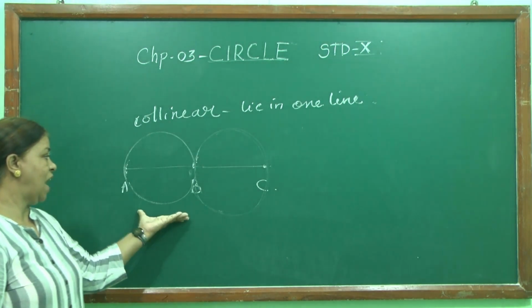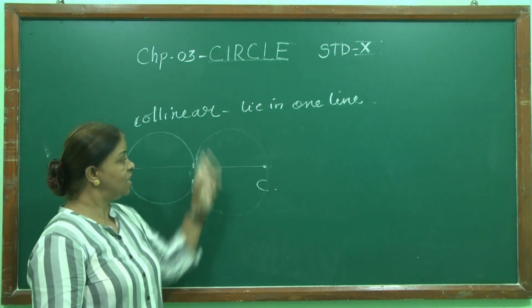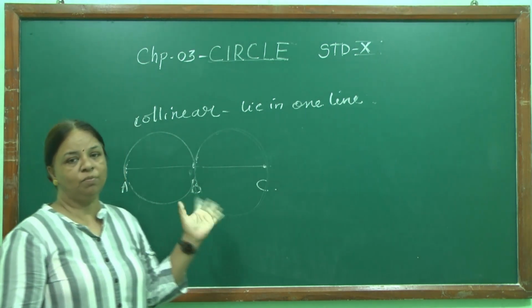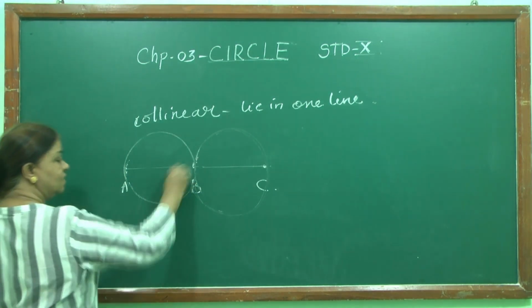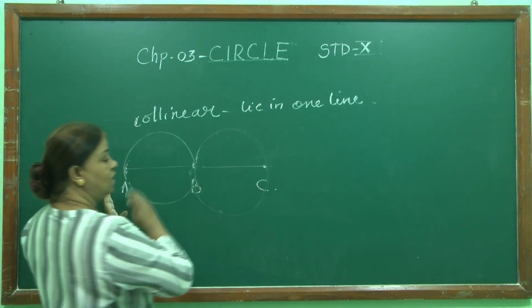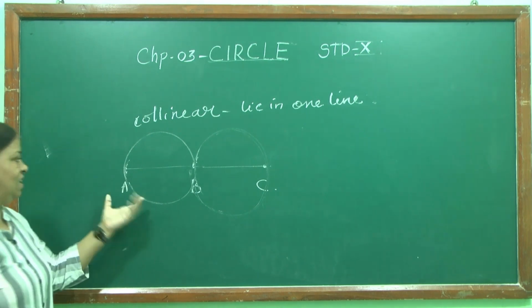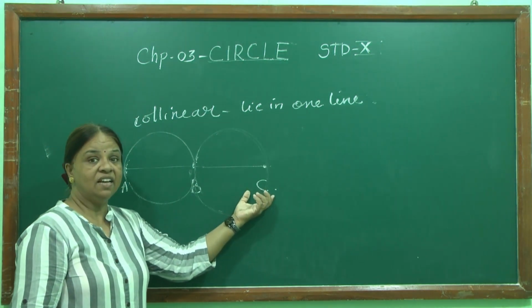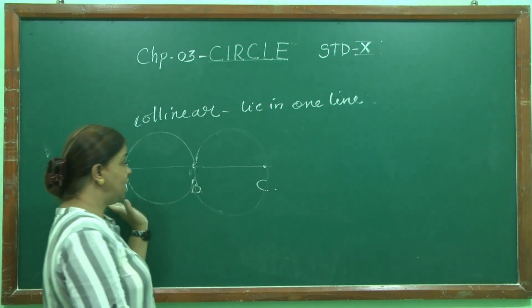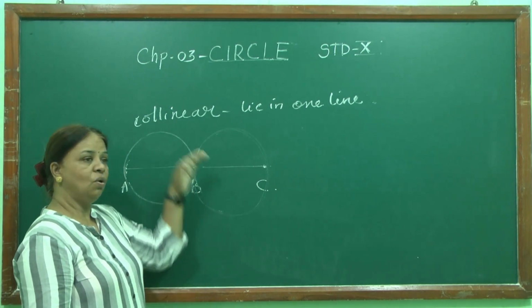So if I want to have all these 3 collinear points on one circle, it is not possible. I can draw many circles from these 3 collinear points differently, considering each point as an individual point. But all 3 points cannot be coming on one circle.